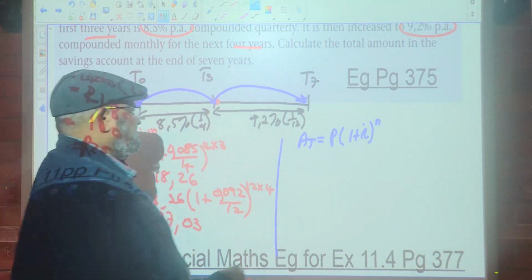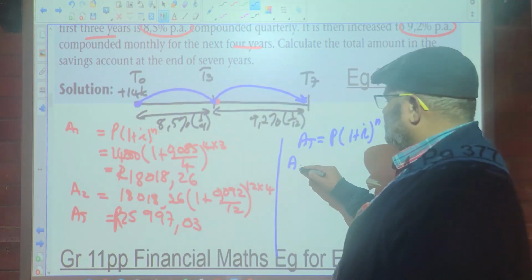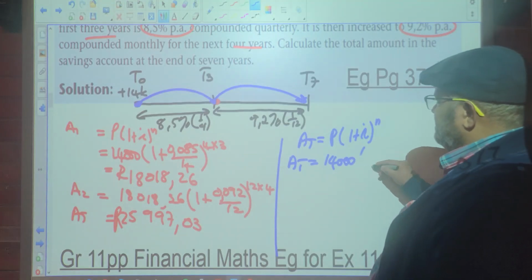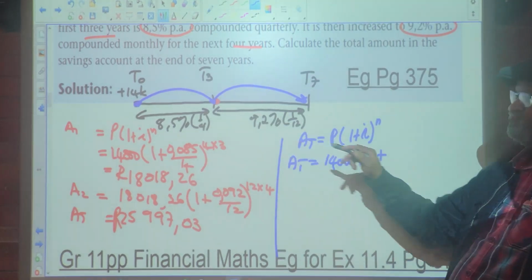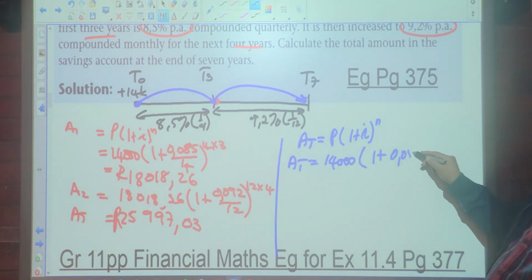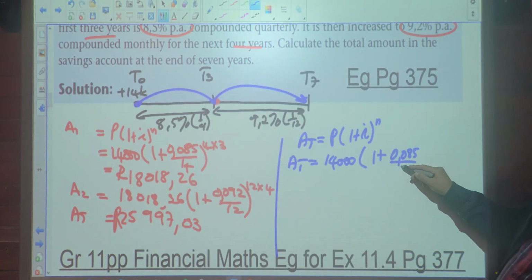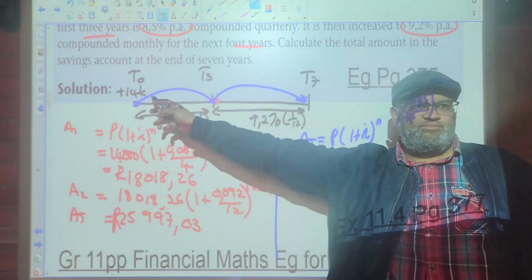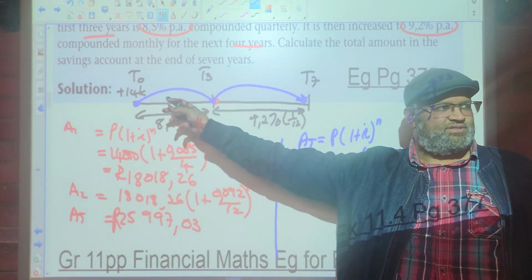Okay? So your A total now is going to give us P, which is 14,000 Rand, into 1 plus i, 0,085 over 4 to the exponent 4 times 3. As you can see, it's for 3 years. So that is that part of the calculation.